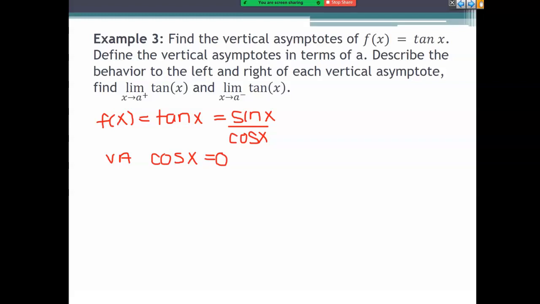So cosine x equals 0 at 90. Yep. At pi halves, 3 pi halves, so on and so forth. It would continue to 5 pi halves and then 7 pi halves, and technically it could be at negative.